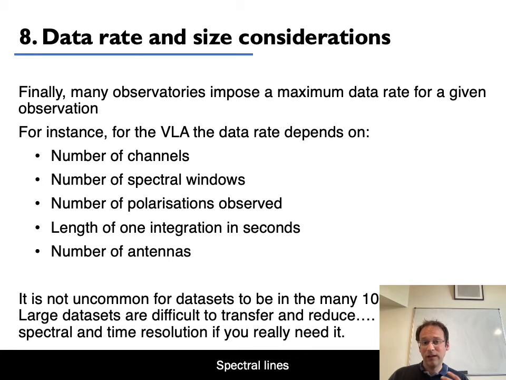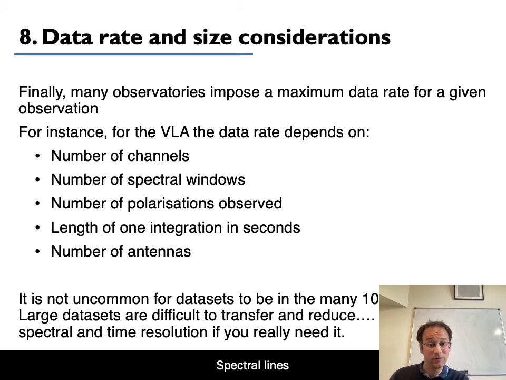The data rates depend on all these different factors. Often now, when you make a proposal for an observation with a modern telescope, such as the VLA or ALMA, it'll tell you what your data rates are going to be, and sometimes these observatories have a cap on that. Obviously, your data sets can be in the many hundreds of gigabytes. Not only are there restrictions on the amount of data that you can generate, but you're also going to have to think about how you are going to process that data.